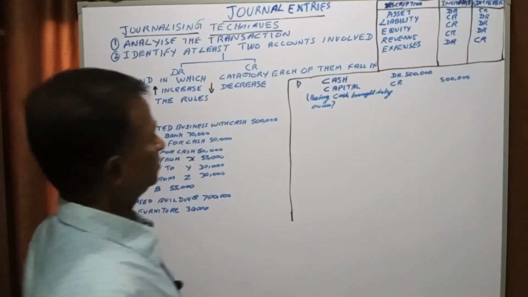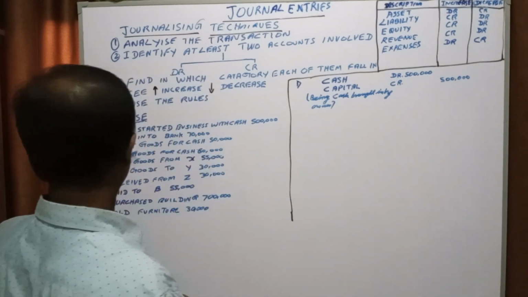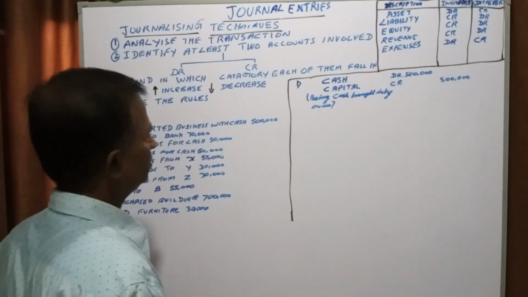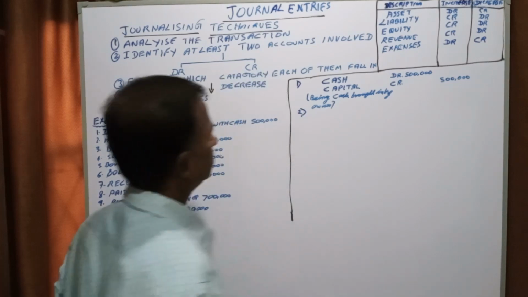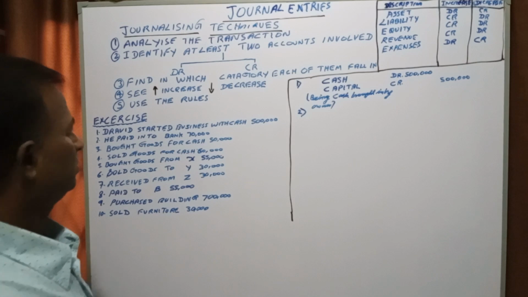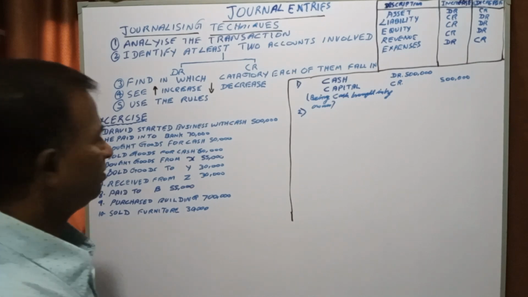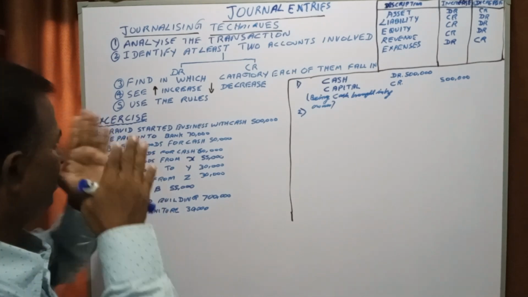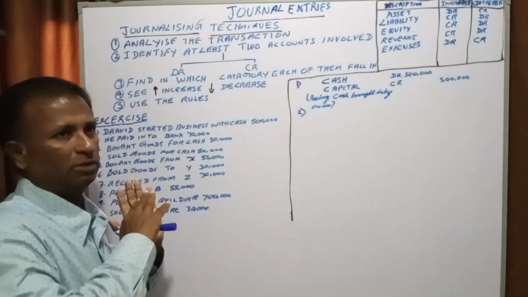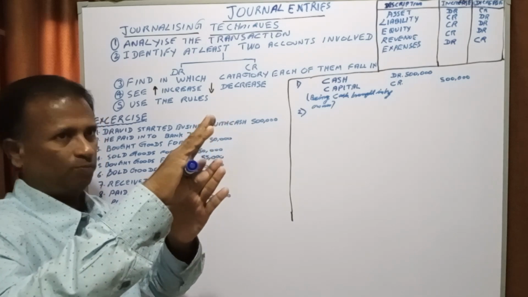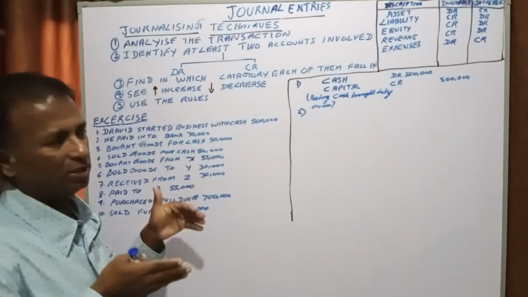Okay. Number two, second adjustment: he paid into bank 70,000. He's paying 70,000 to the bank. 70,000 going out, so the bank account is coming in.